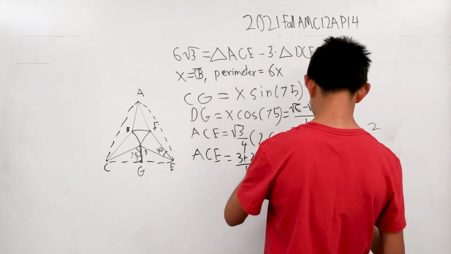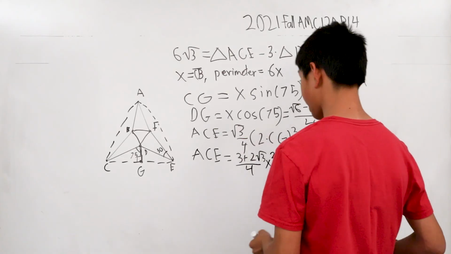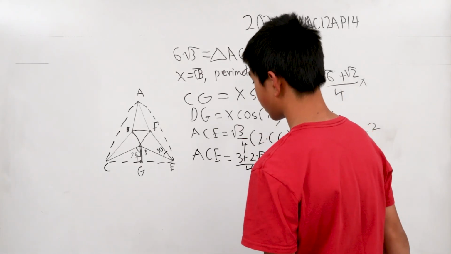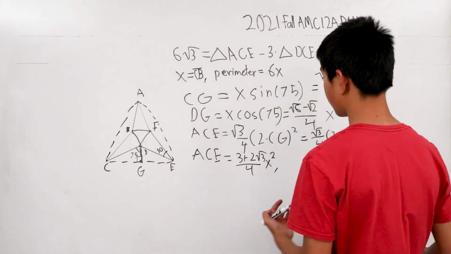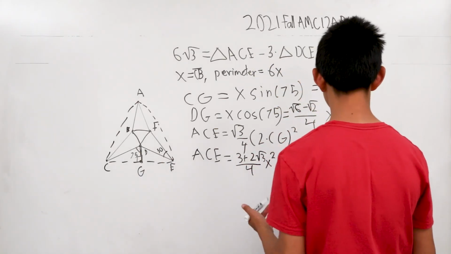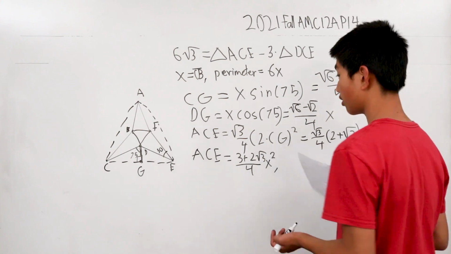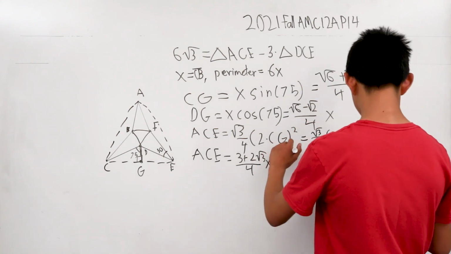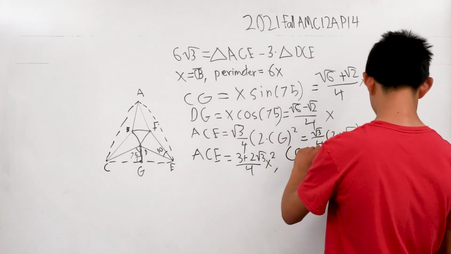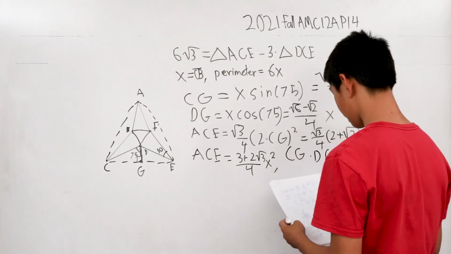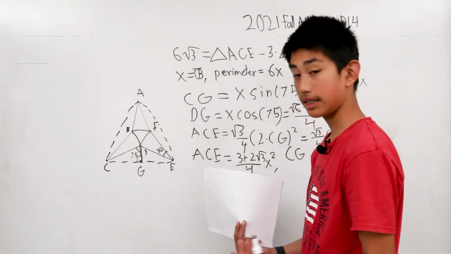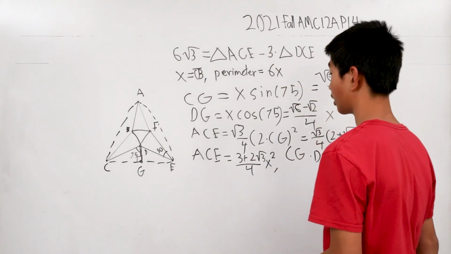So the area of, let's say, DCE, one of the smaller triangles, is simply 1/2 times 2 of these triangles, which cancels out. So this is just CG times DG. We also know that DCE is x squared over 4.